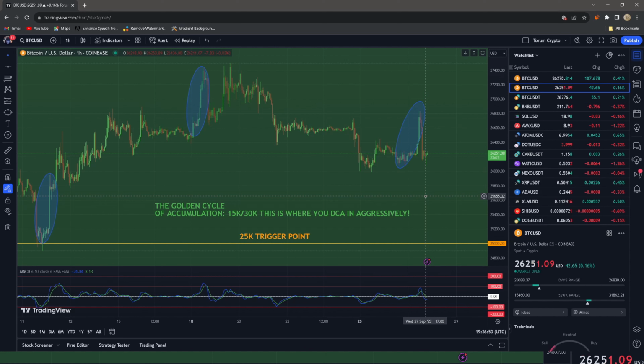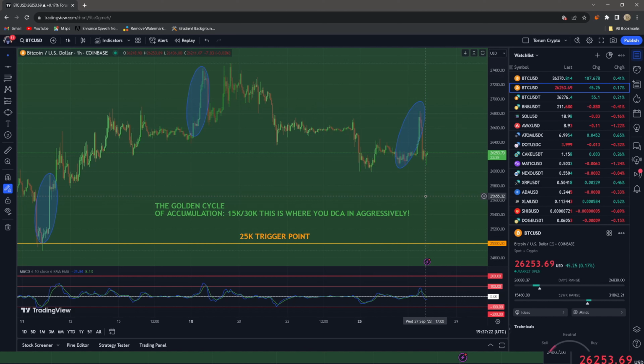I'm imagining, barring BlackRock being approved and whoever else out there is applying, barring those being approved, which would actually send the price skyrocketing, I'm looking at 95, 100K as the ATH.